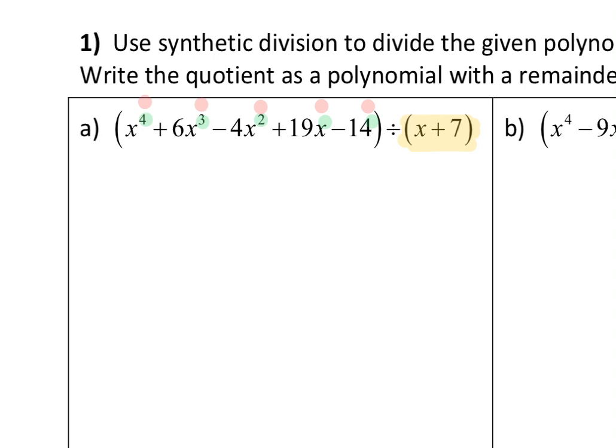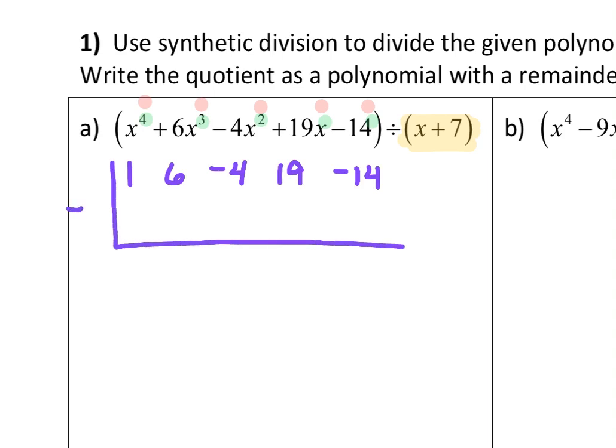And so then the next thing we do is we write out the coefficients. Because x to the fourth doesn't have a written coefficient, the coefficient is 1, 6, -4, 19, and -14. And we're dividing by -7. And remember that you want to leave space to write another row of numbers inside your box.